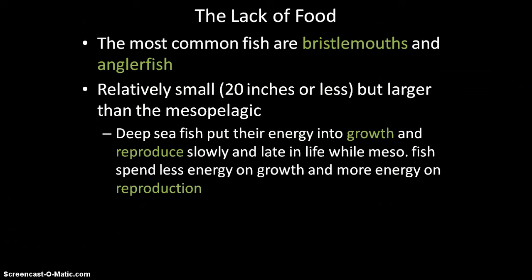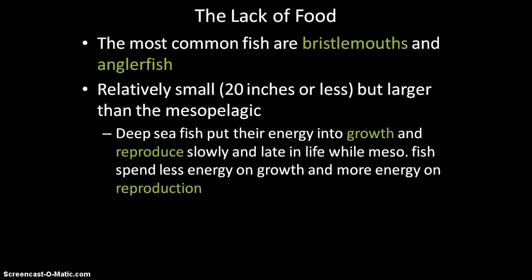The most common animals or fish that you'll find down here are bristlemouths and anglerfish, and they are relatively small, about 20 inches or less. But that is actually larger than the mesopelagic zone. If you remember, the mesopelagic zone had fish that are between 1 and 4 inches. The reason for this is the life cycle that these fish have in these different zones. In the mesopelagic zone, the fish reproduce earlier in life.